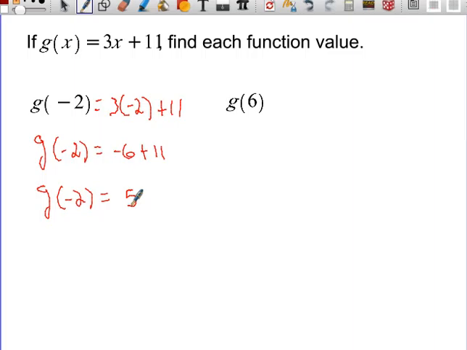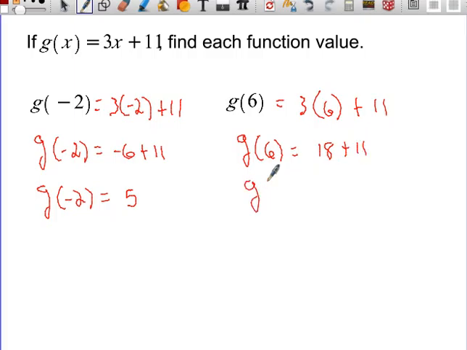Positive 5. All right, and then finally, g of 6 equals what? 3 times 6 plus 11. So g of 6 equals 18 plus 11. G of 6 equals 29.